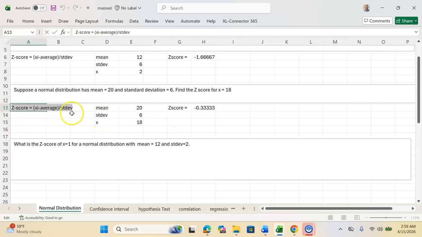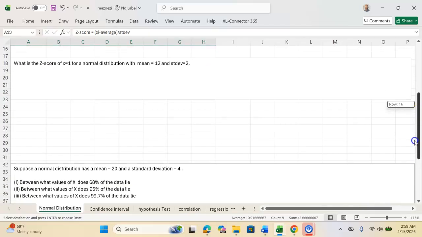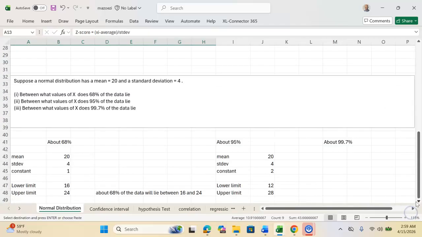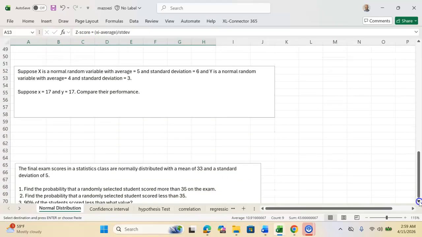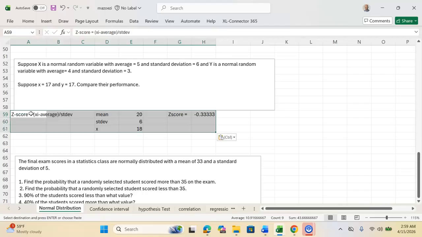So I'll copy everything from what we've done above, and then I'm going to paste it here, but we'll just use the formula for our calculation. So let's work on X value, and then we'll work on Y values.